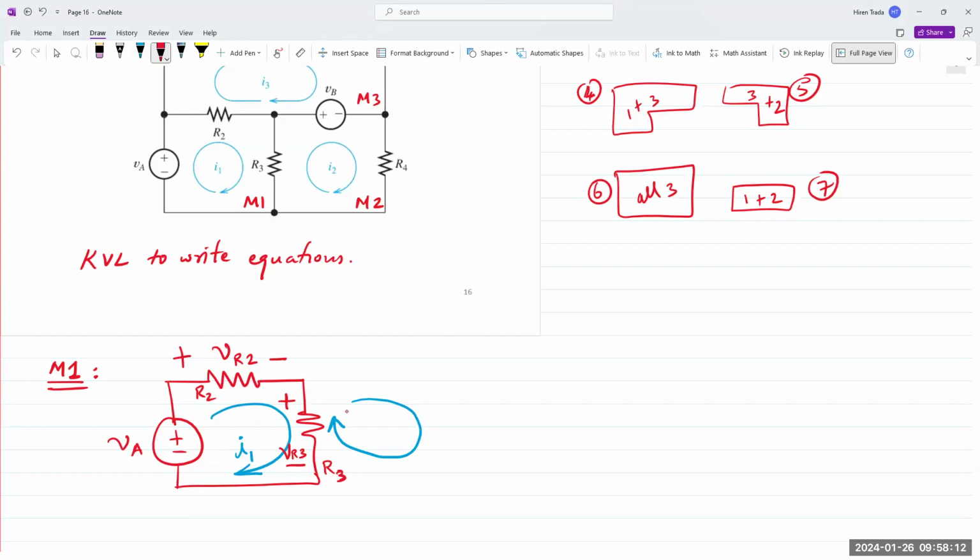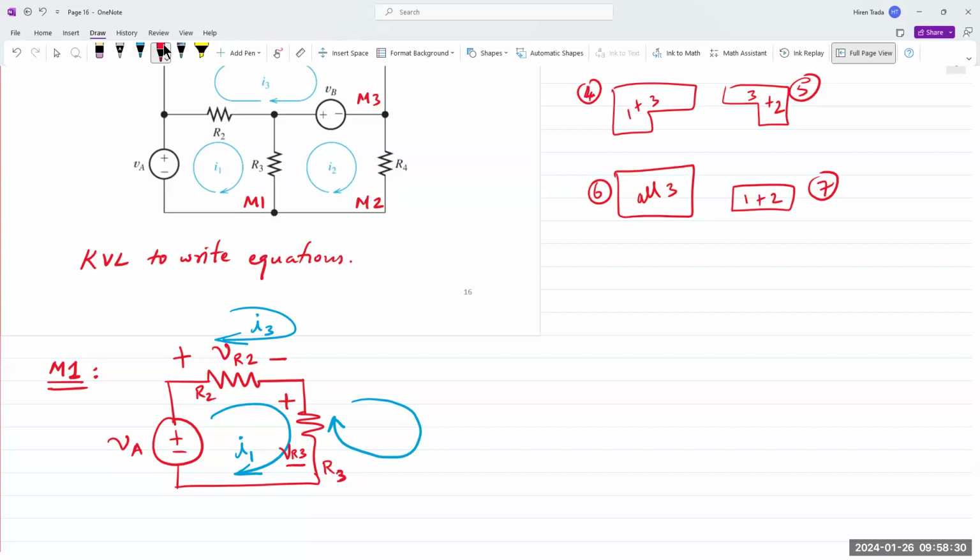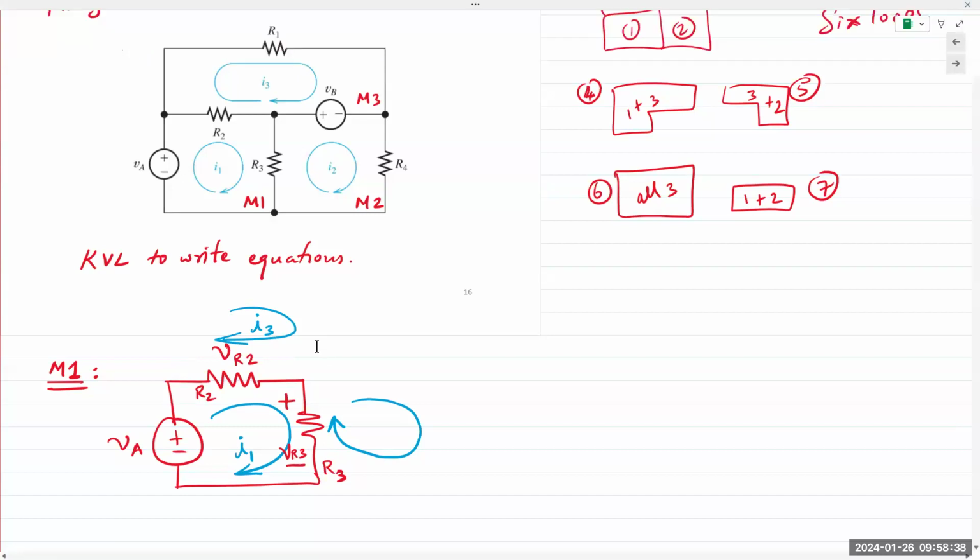Yes, that is correct, good point. The point being made was that we have to account for I3 also, and that is absolutely correct. I overlooked that. We have to account for I3. So in this case, I'm going to change this. I have plus and minus here, here, and here.